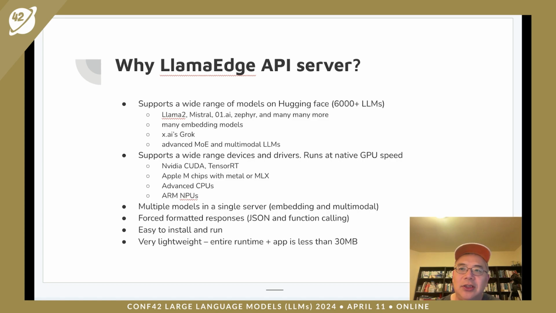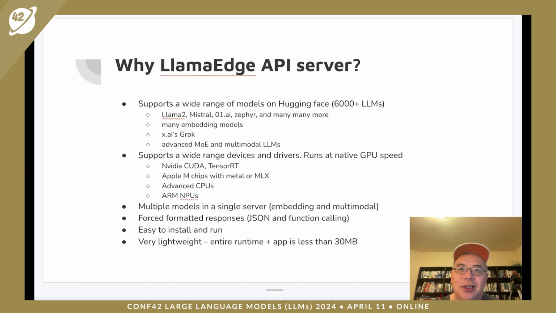That allows the same application to run on a wide range of devices and drivers, ranging from NVIDIA to AMD to ARM devices to Intel CPUs and GPU devices, the Apple devices, and all of those. In a minute, I just showed you it runs on a Mac device, and I'm going to show you how it runs on an NVIDIA device. And we also have tutorials on how to run, say, on Raspberry Pi or the Jetson devices.